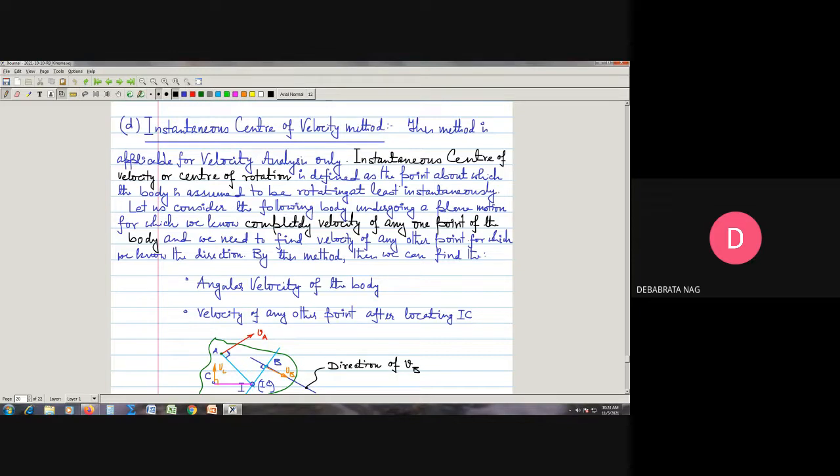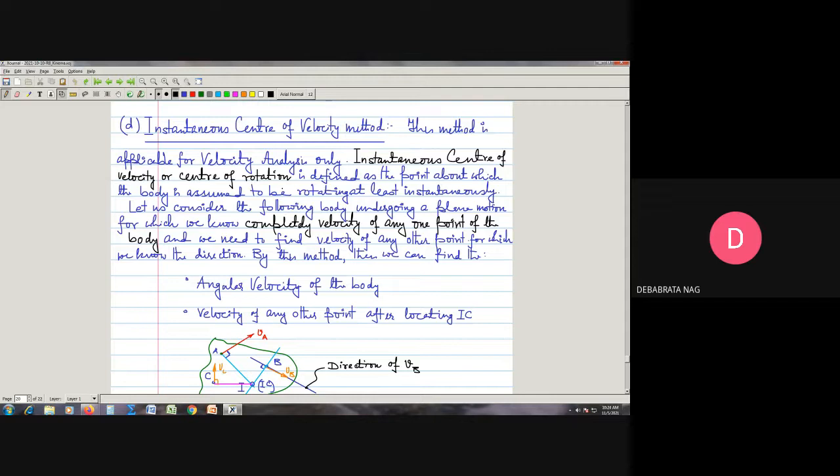The instantaneous center of velocity, or sometimes known as the center of rotation, is defined as the point about which any rigid body is assumed to be rotating, at least instantaneously. So far as our kinematics of a rigid body and its geometries of motion are concerned, the motion can be translational.